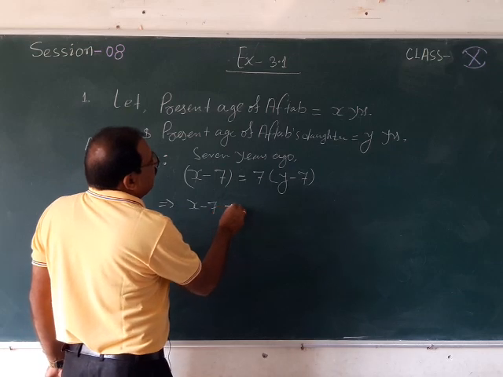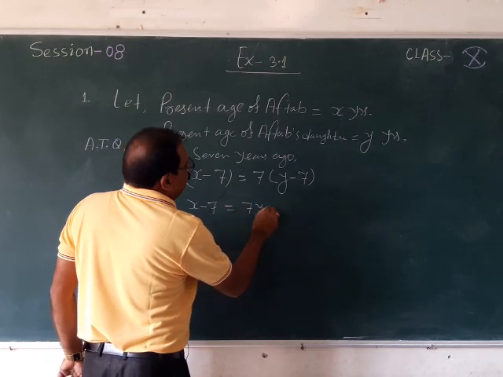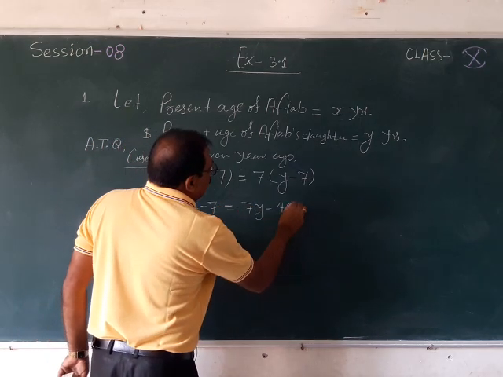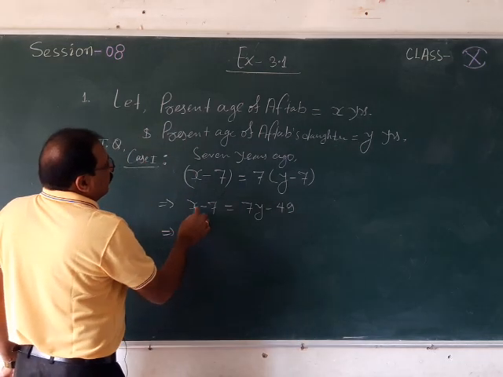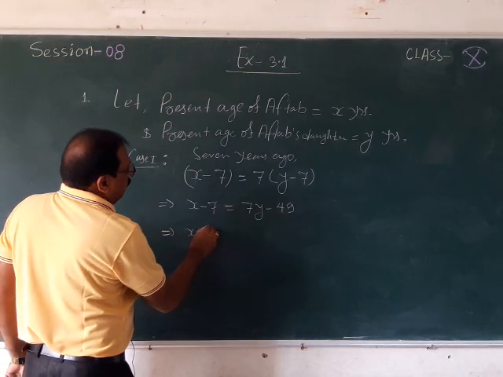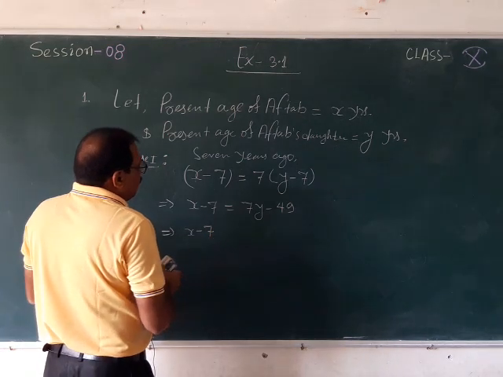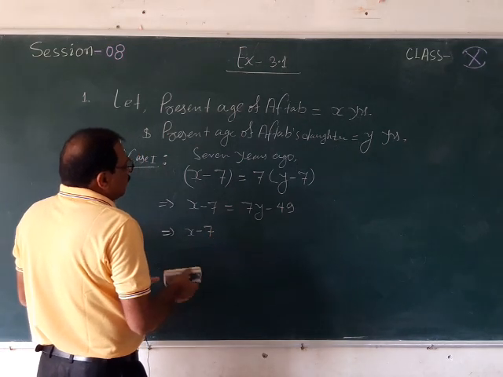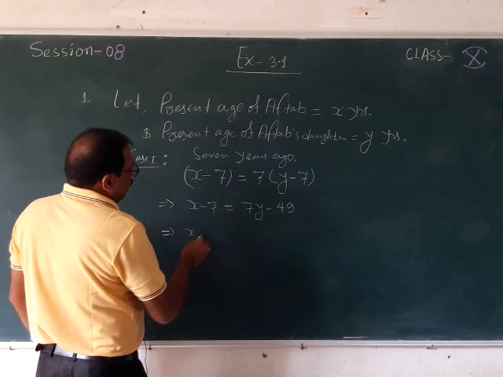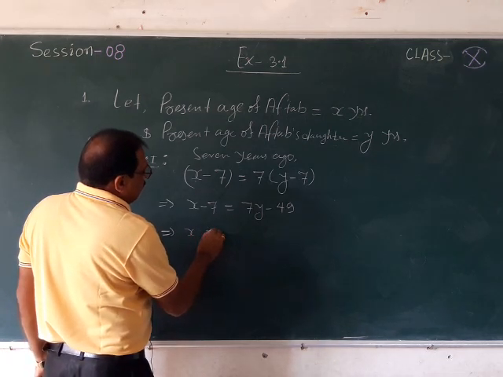This will be x minus 7 equals 7 into y minus 7, which is 7y minus 49. I want to draw the graph itself, so I can settle this equation in this form also, x equal to.